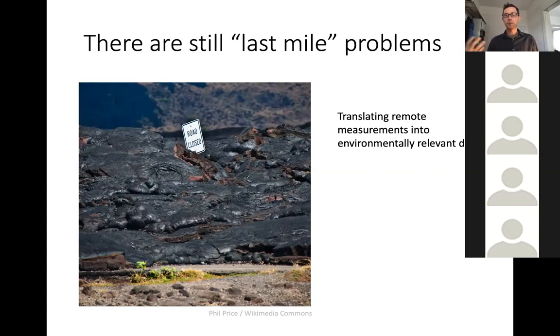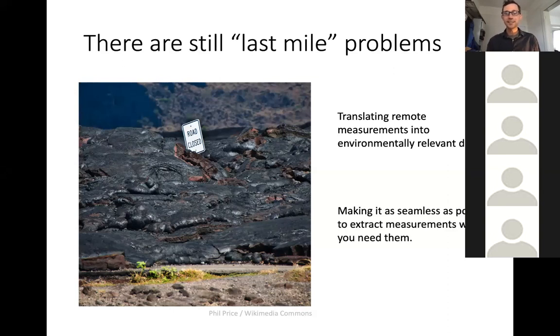Instead, we observe reflectance. And that's just one or two steps away from the things that we really want to understand. And that means that there is a translation process that needs to happen where we take the things that we can measure and we correlate them with the things that we really want to measure directly. And we want to use a procedure to infer those based on reflectance. The second one is that it's still not entirely seamless to extract measurements where you need them.